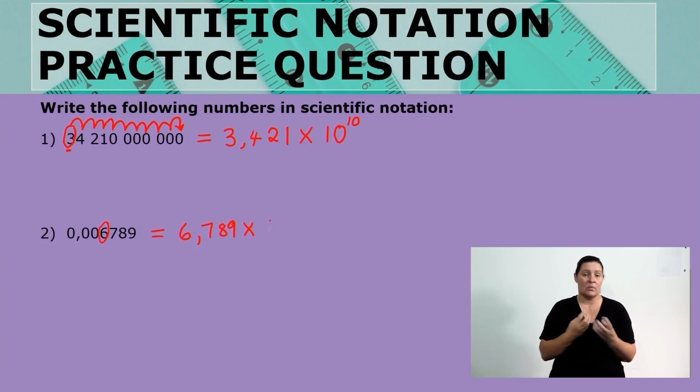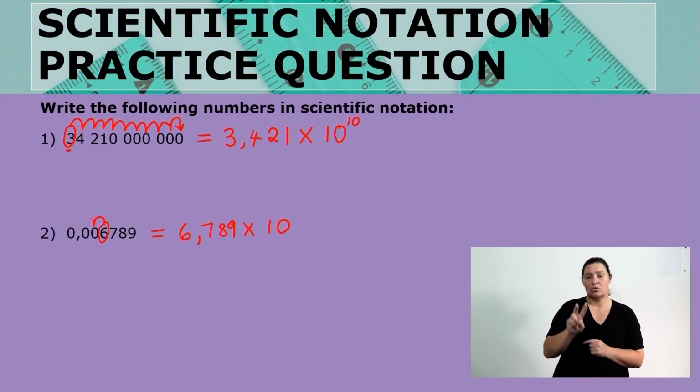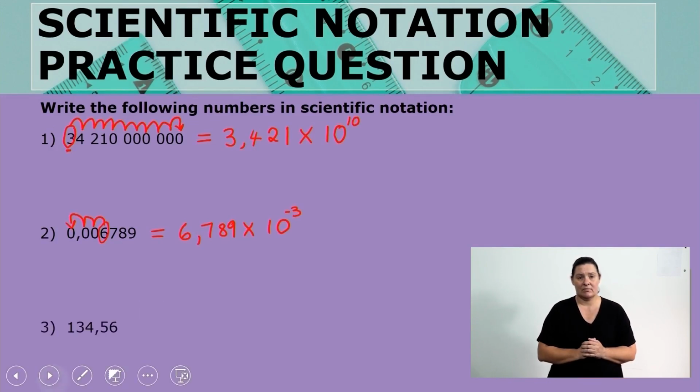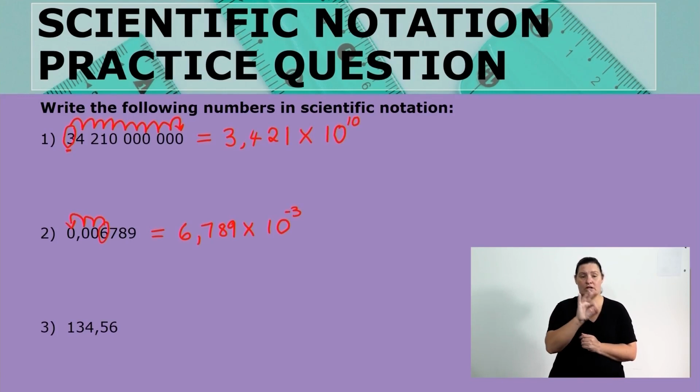We know that we are going to multiply that by 10, but our exponent has to be determined by how many times we are going to shift that number. So that is 1, 2, 3, and we are in the ones position. So that is going to be a -3, and remember, it is a -3 because we are shifting to the left.